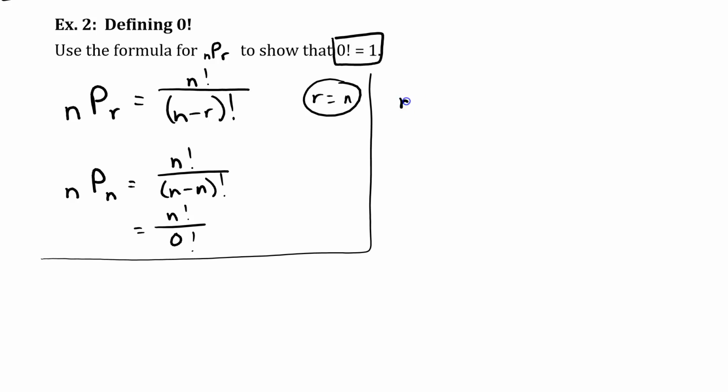Another way that we can say n pick n is n times n minus 1 times n minus 2, all the way down to 3, 2, 1.